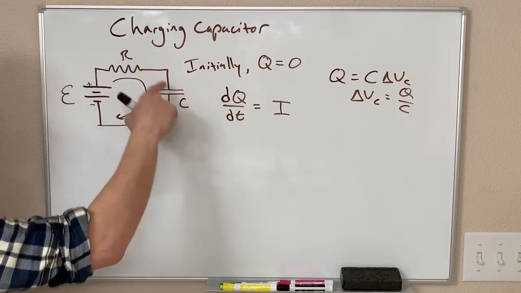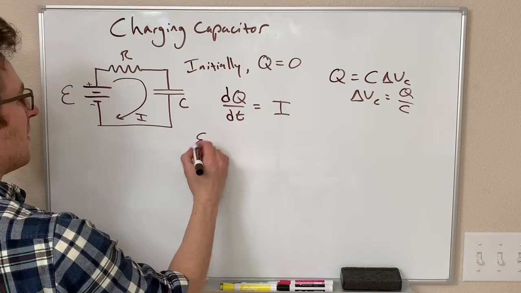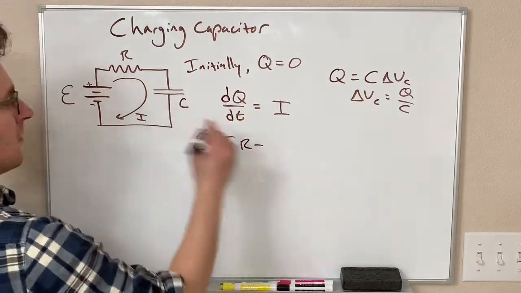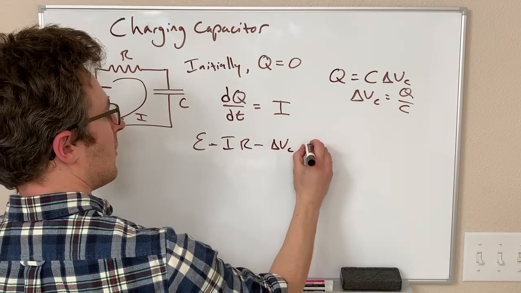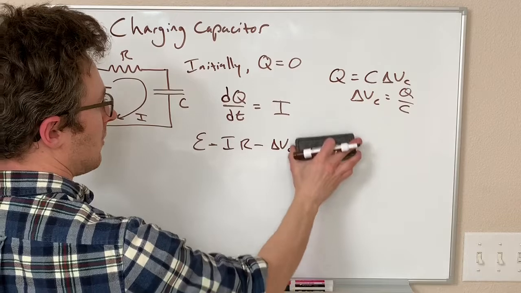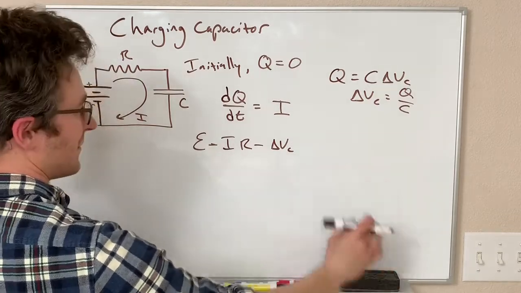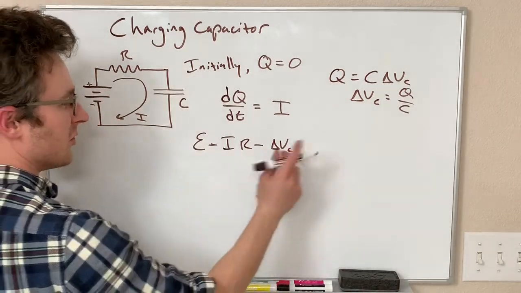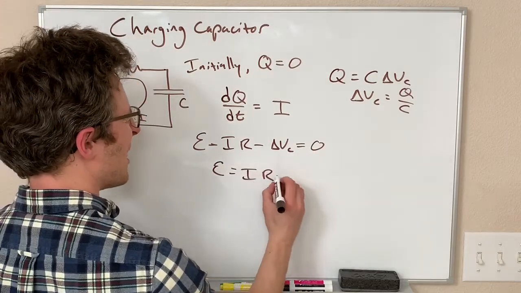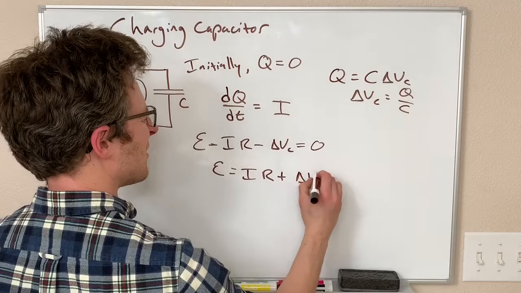So what the loop law tells us is that the EMF minus IR minus the capacitor voltage equals 0. So we can rewrite this as EMF equals IR plus delta V_C.